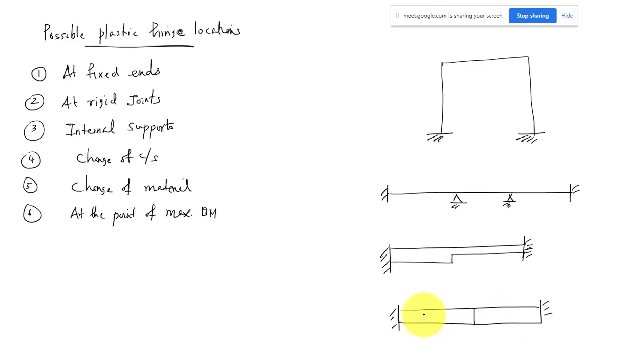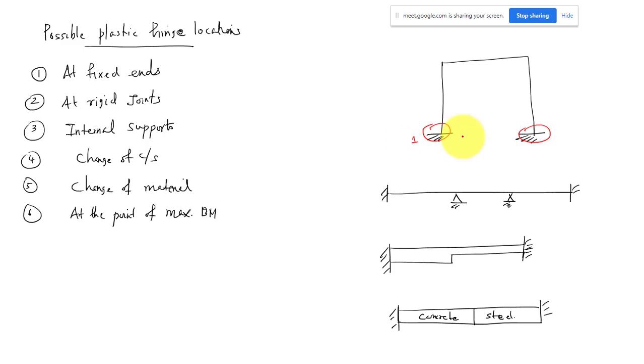So this part may be concrete, and I'm just giving an ideal situation. Okay, and the first point is at the fixed end. So at these locations, the plastic hinges are possible.